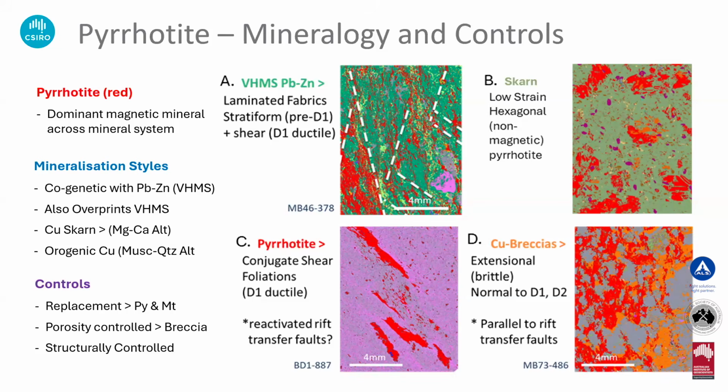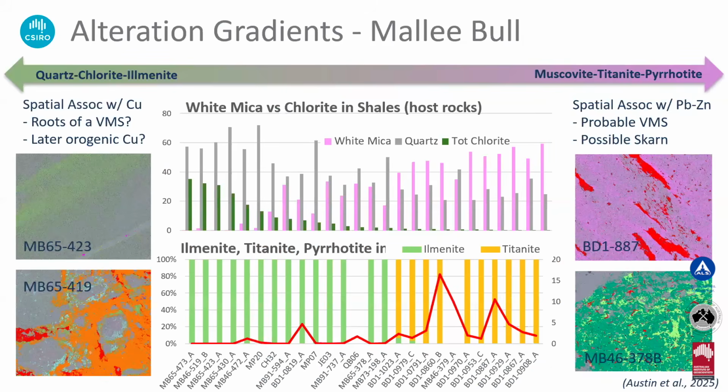I think I'll just move on. I talked about alteration gradients before, the alteration gradients you see in Mallee Bull, for example. So we're talking about Mallee Bull, whether it's a VHMS or whether it's an epithermal or whatever. It has alteration which is consistent with a porphyry type system.